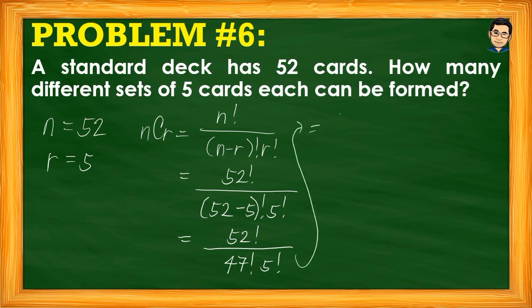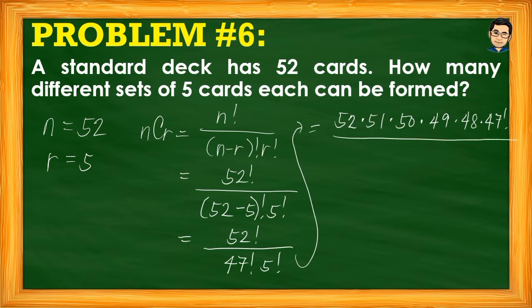Express natin yung 52 factorial as 52 times 51 times 50 times 49 times 48 times 47 factorial all over 47 factorial times 5 factorial. So 47 factorial will be cancelled, and then 5 factorial can be expressed as 5 times 4 times 3 times 2 times 1. So pakita natin yun.